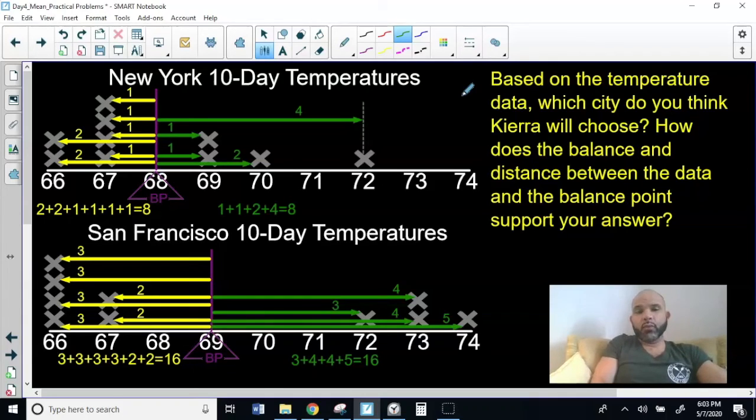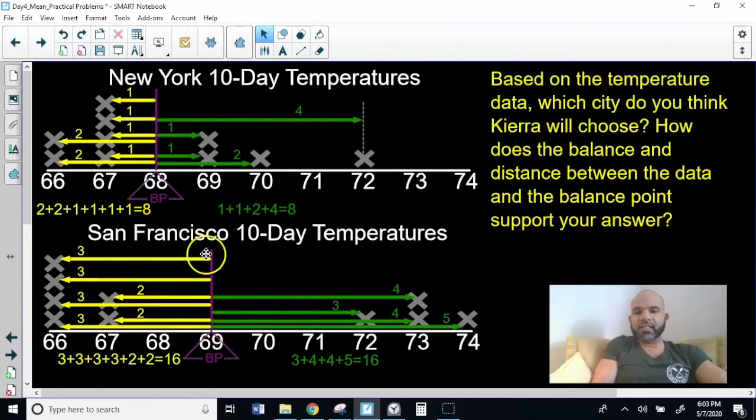But one thing we can say, looking at this data, is that the temperatures in San Francisco fluctuate, right? They go up and down more than they do in New York. So if Kiera likes it that it's more consistent, it's tighter, the temperatures are closer together, well, then maybe New York is the place she wants to go.